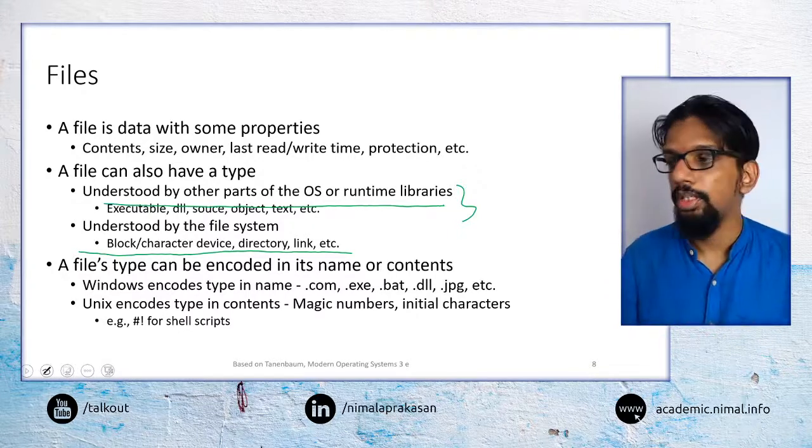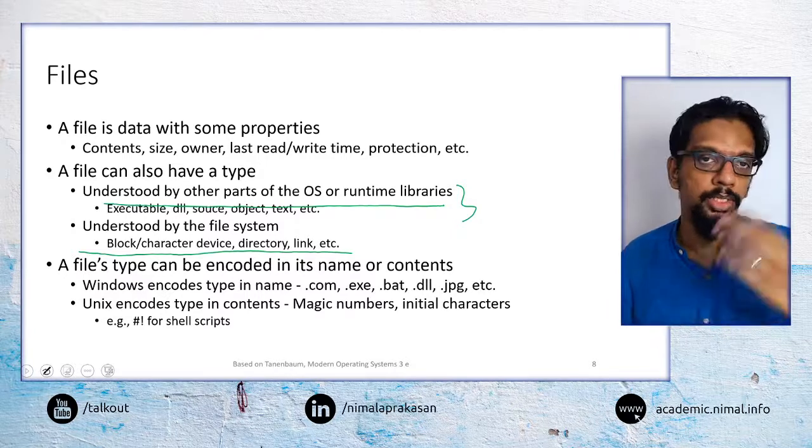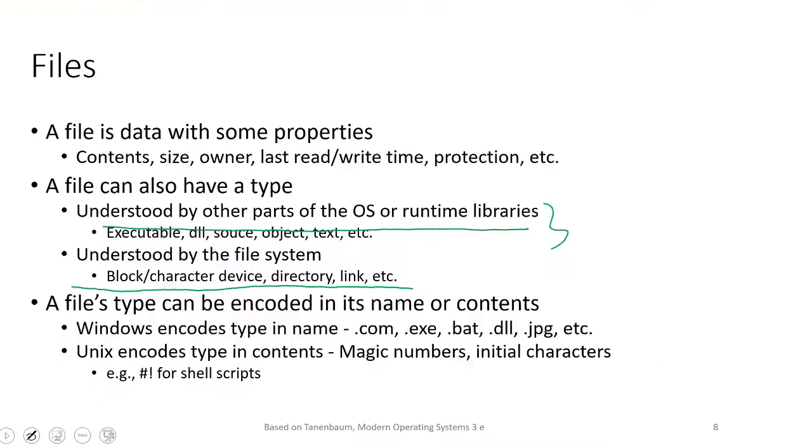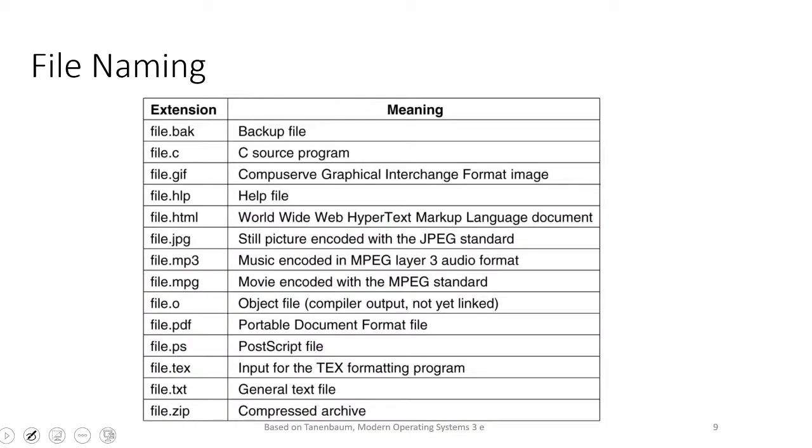So we can differentiate between file types based on these file names as well. So in terms of file naming, in addition to the file name, we will also have an extension, and the extension can specify what the type of file is. In certain examples, a PDF is called a portable document format, or a text file, or a zip file. So the extension itself would specify what the file type is.